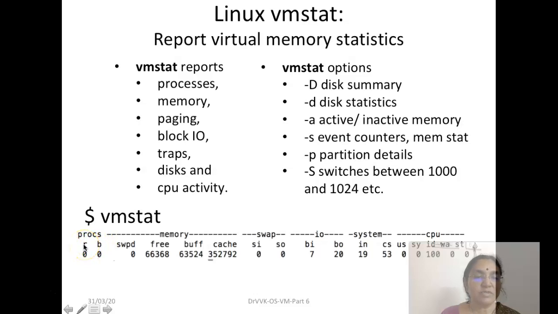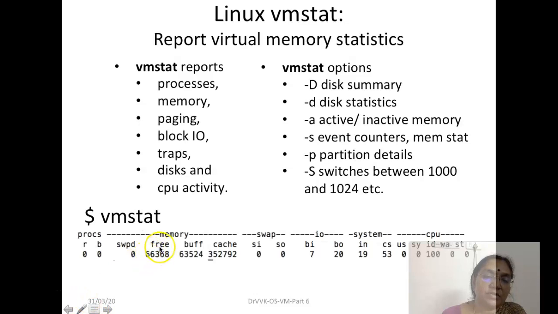R is for runnable processes. So this gives you information about how many processes are currently using the CPU and are waiting for the CPU. And B is for blocked processes, the ones that are in uninterruptible sleep. Then we have the memory parameters. SWPD is the amount of virtual memory used.